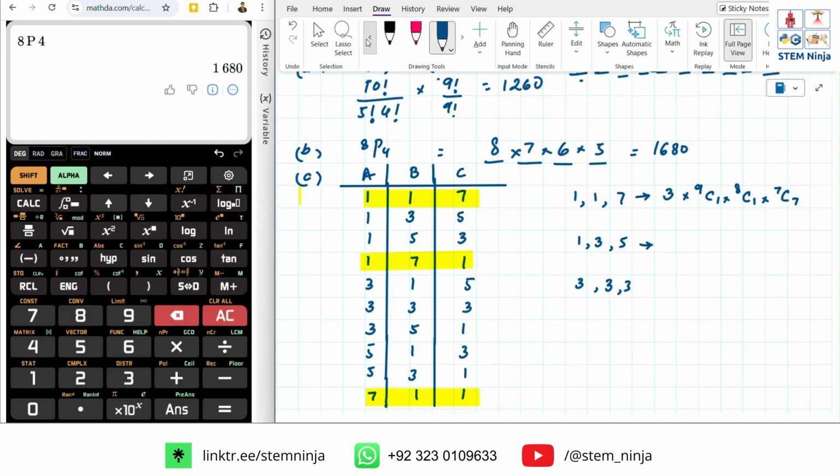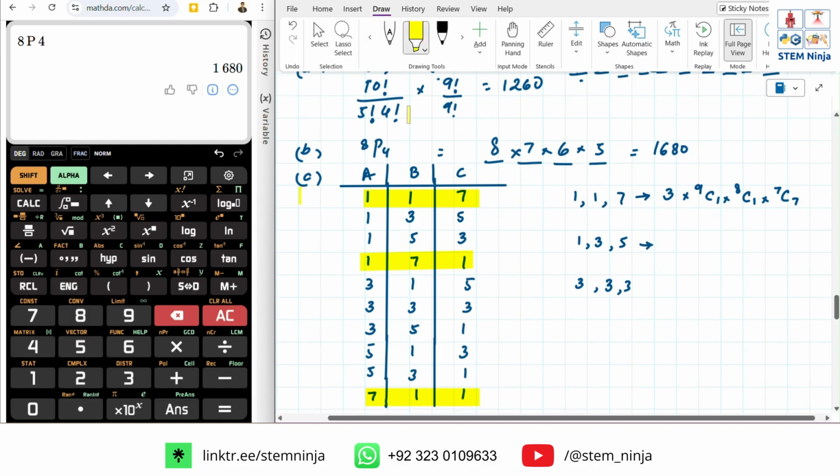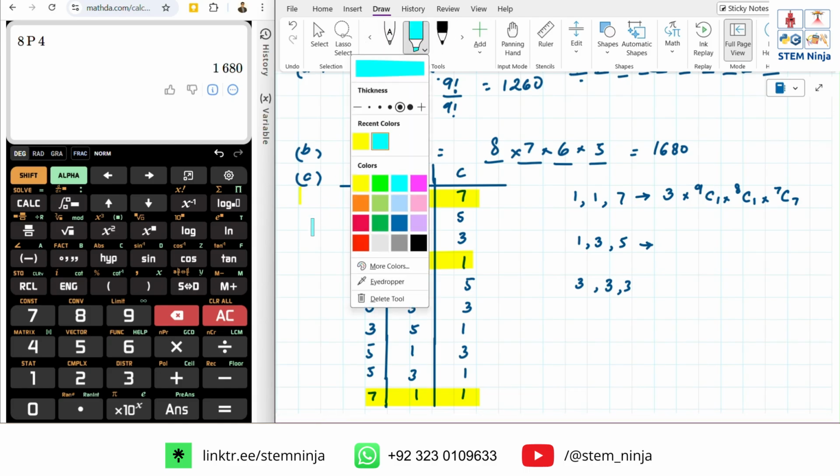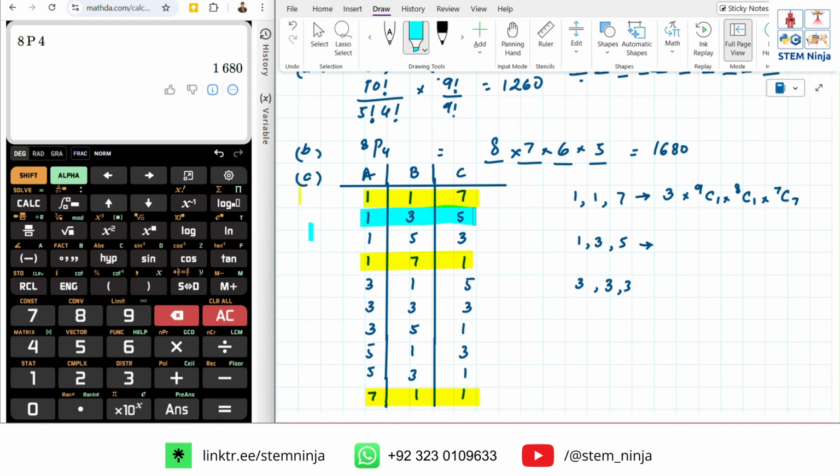Now, the 135 case. So 135 is repeating once, two times, 3 times, 4 times, 5 times, and 6 times.